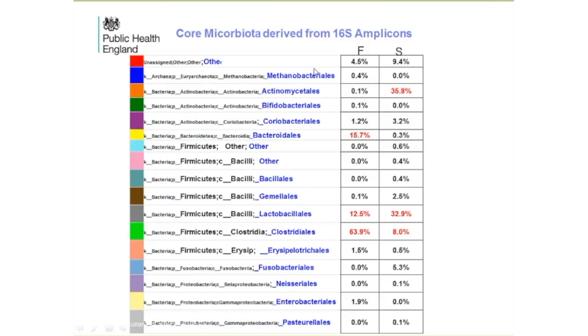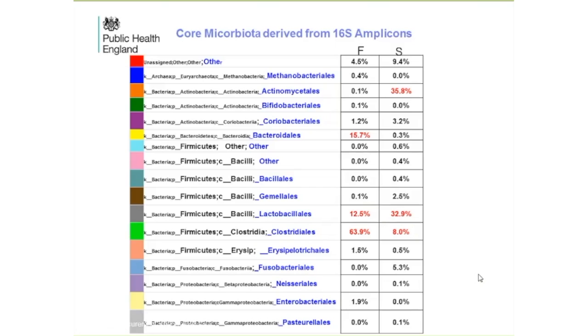Although some of the unassigned are similar, you will see that there is a reasonably clear separation between both. For example, the Bacteroidetes are 15% of the fecal flora, but we got less than 0.3% in the saliva sample. Apart from the Lactobacilli, which you would expect to be present in both, but by different taxonomical species allocation within the Lactobacilli. And Clostridia is dominant within the fecal flora as a result of this variation.